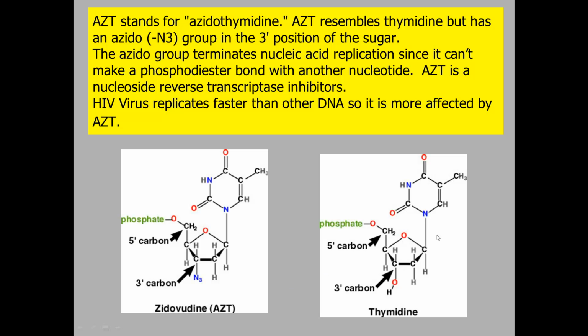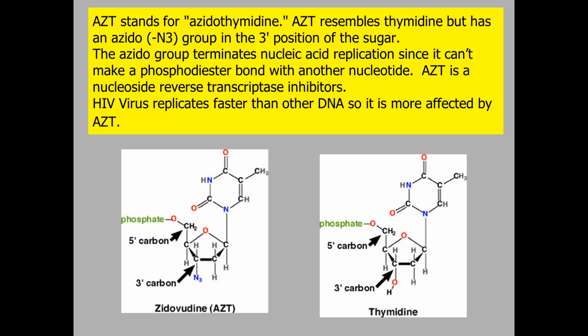This will act in the cells against any DNA replication machinery, but in virus-infected cells, it's most effective against HIV because the HIV virus is replicating faster than other DNA.